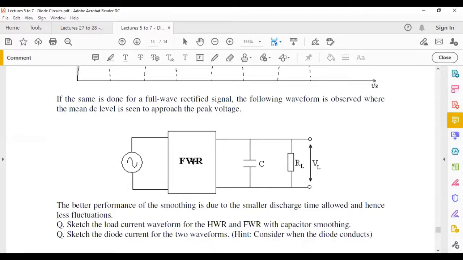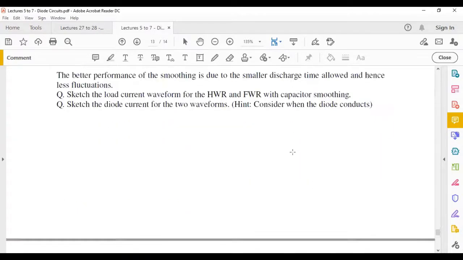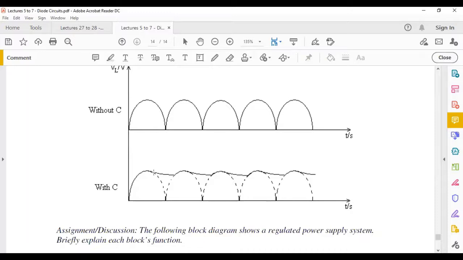You can do a similar thing for a full wave rectifier. Here you're going to achieve much less ripple, because in a half rectified circuit you are missing this half cycle, so your voltage can drop to a lower level, whereas in a full rectifier, that voltage drop is less.